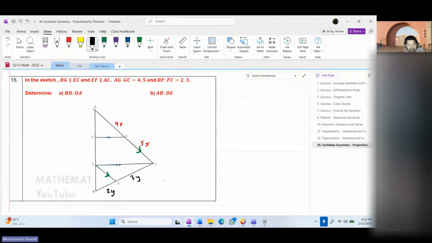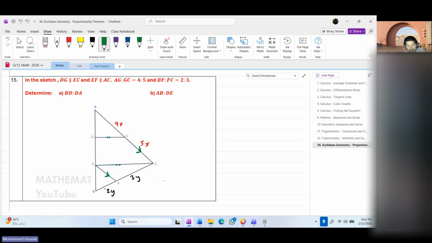BD to DA. How are we going to determine BD to DA? There's EB over here, which is kind of like, okay. So we're going to start with EB over EA, looking at this side triangle here.